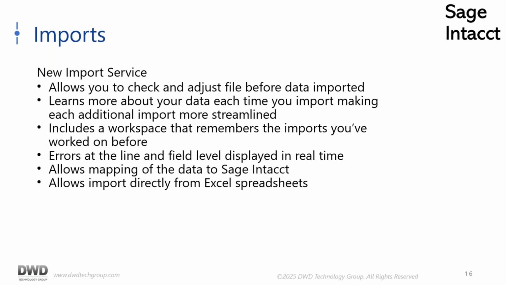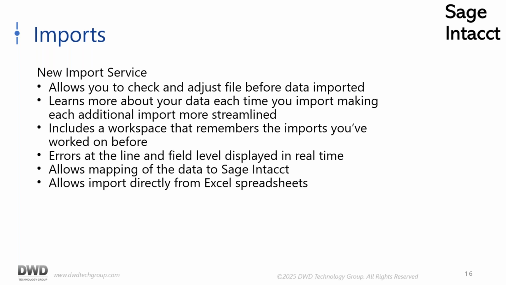Here's what's good about this new service. It's going to allow you to check your data file before importing. It's going to learn about your data each time you import, making additional imports easier. There's a workspace that remembers the imports you've done. The errors at the line and field level are displayed in real time as opposed to the email.